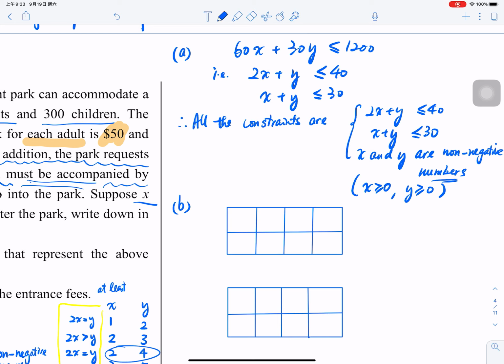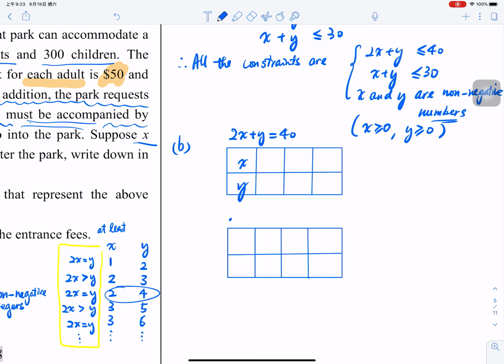Next, part B asks you to draw and shade the feasible region satisfying all the constraints given in part A. So now we have two straight lines you need to draw, right? One is 2x plus y equals 40, and the other one is x plus y equals 30. To plot the graph for the first: when x equals 0, then y equals 40. You can use x equals 10, then y equals 20, or one more, x equals 15, then y equals 10.